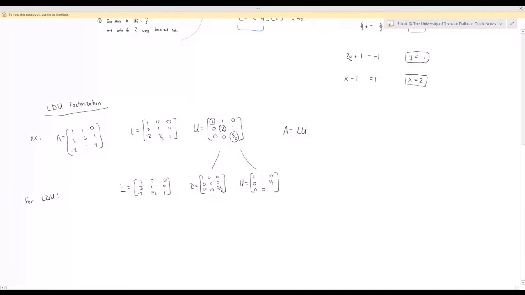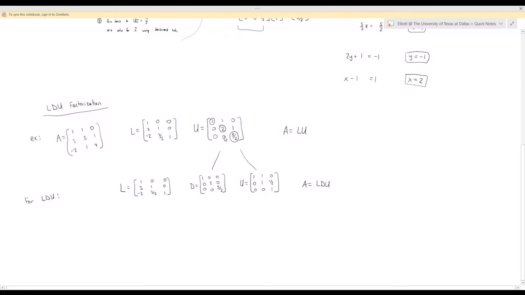So if you do that procedure where you take the U in LU, take the pivots to create a diagonal matrix, and then divide each row by the pivot to get a new upper triangular matrix, then that gets you the LDU factorization of A. Essentially, the way this works is if you multiply the D and the U in LDU, that gives you the U in the LU.